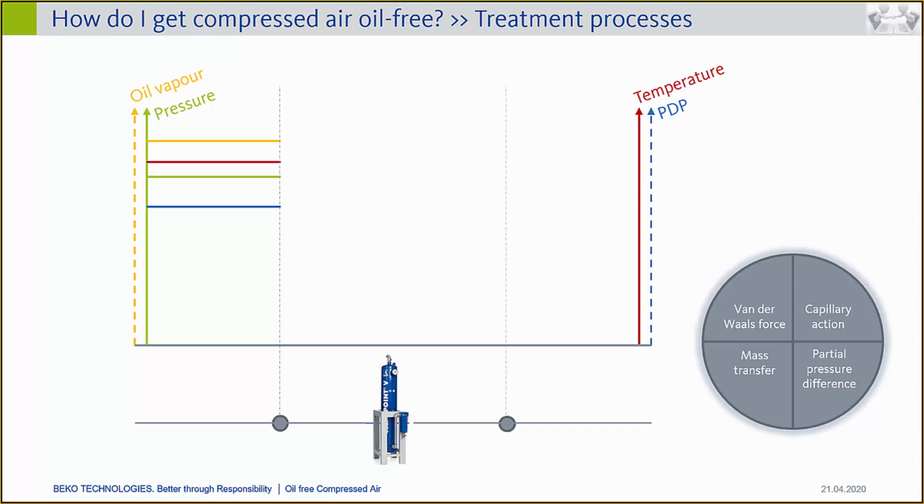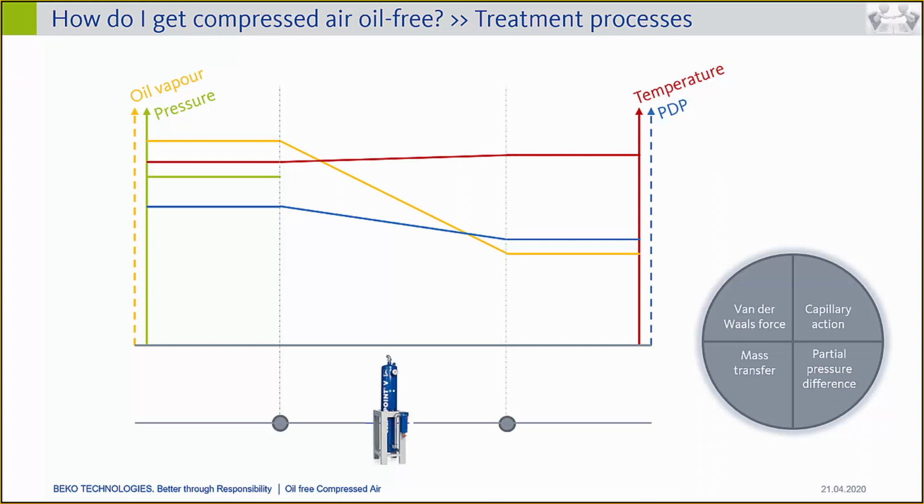And the curves now popping up here show what happens with these parameters when they pass the activated carbon tower. So the oil vapor, for sure, will be reduced, because that's part of the process and that's the goal of this process. Also, the PDP will get slightly lower, because, as already communicated, the adsorption process does not decide whether it should adsorb oil or water vapor.